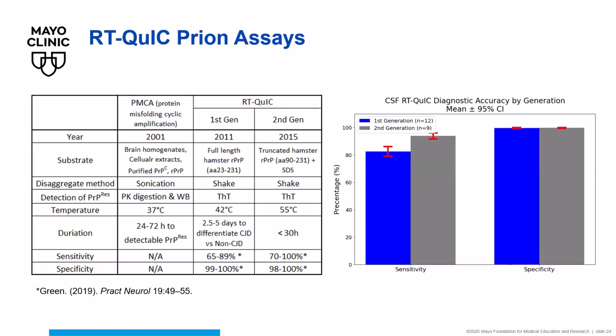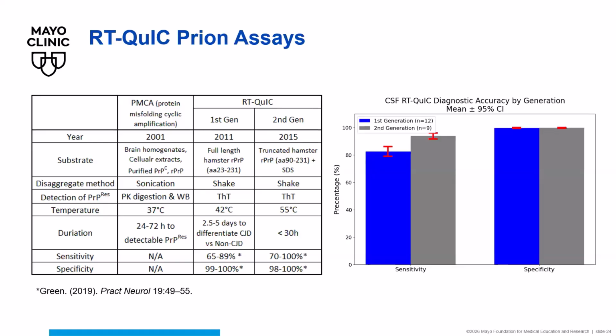At that time, they demonstrated very good sensitivity, somewhere between 60 and 90%, and high specificity. Then in 2015, a second generation of this assay was developed that used a truncated form of recombinant hamster prion protein.